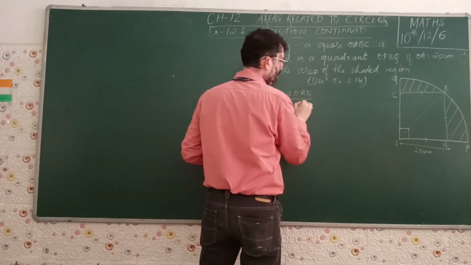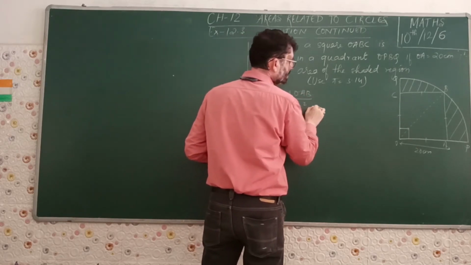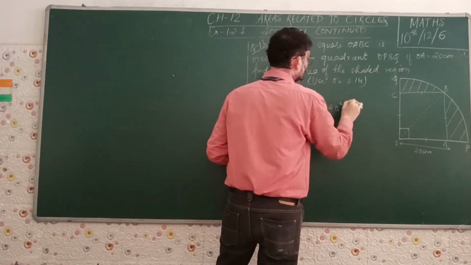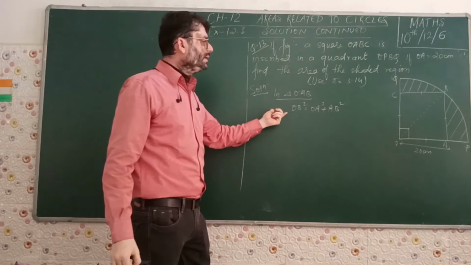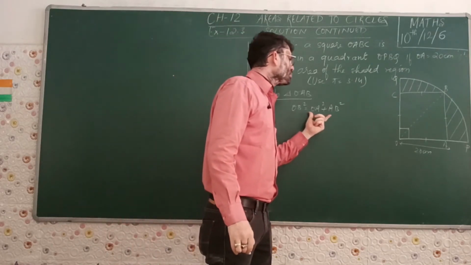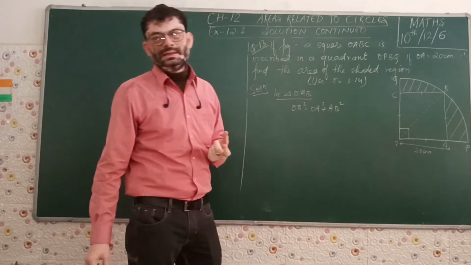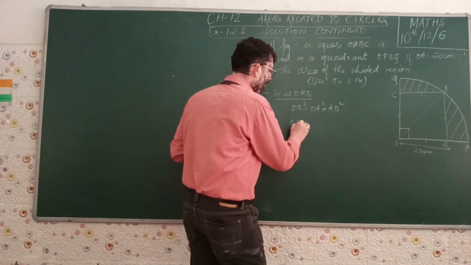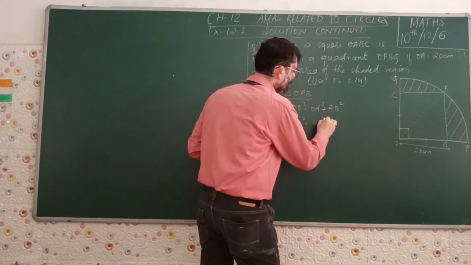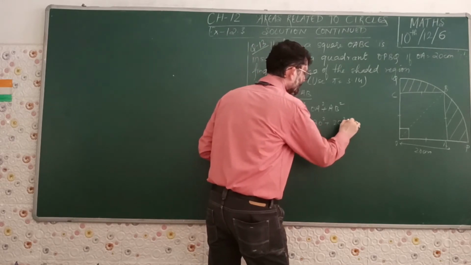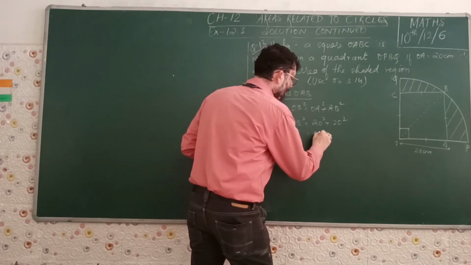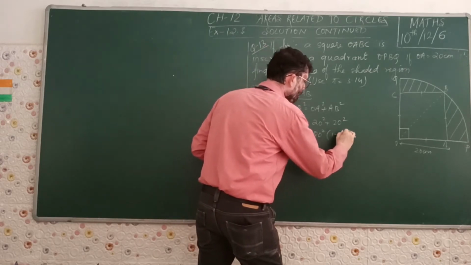So in triangle OAB, OB square is equal to OA square plus AB square. So this is hypotenuse square is equal to the sum of the squares of the other two sides in a triangle. That's what is Pythagoras theorem. So OB square is equal to 20 square plus 20 square. If you take out 20 square common, this is 1 plus 1, 2.